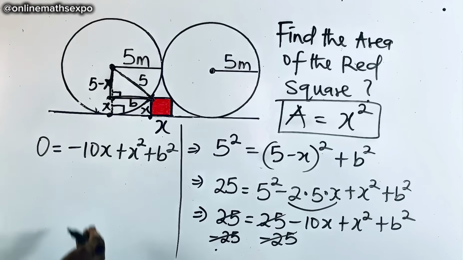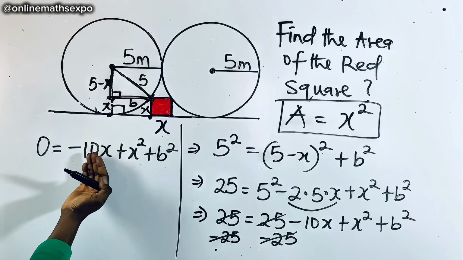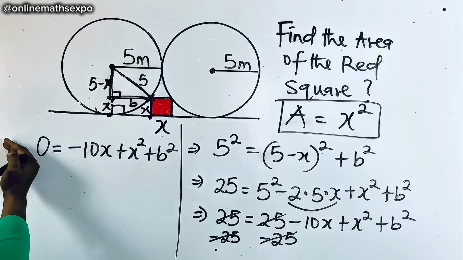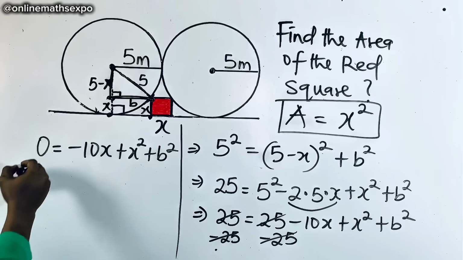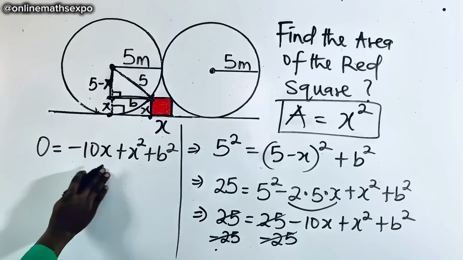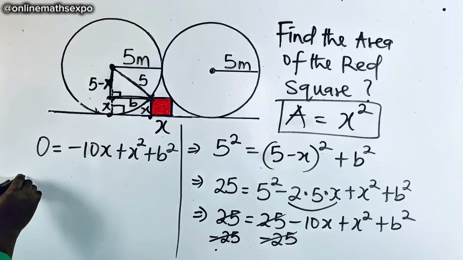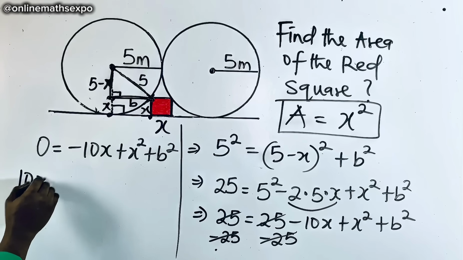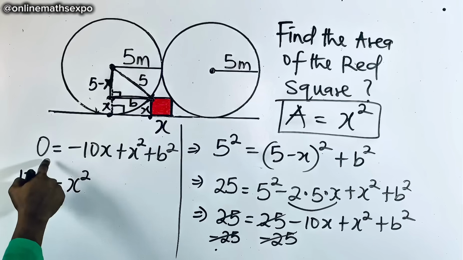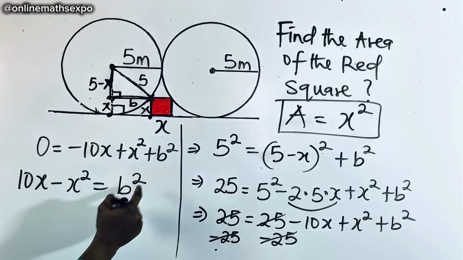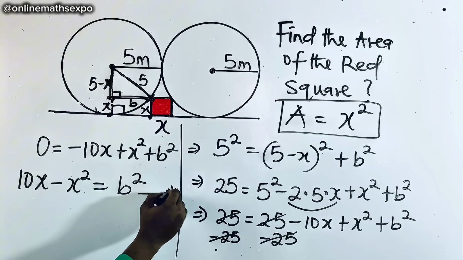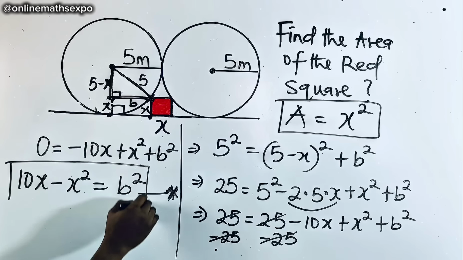And what does it mean? This is the same thing as, let's move the x terms to the left side. If you add 10x to this side and then subtract x squared, we have 10x minus x squared is equal to b squared. Let's leave this equation. We are going to go back to it.